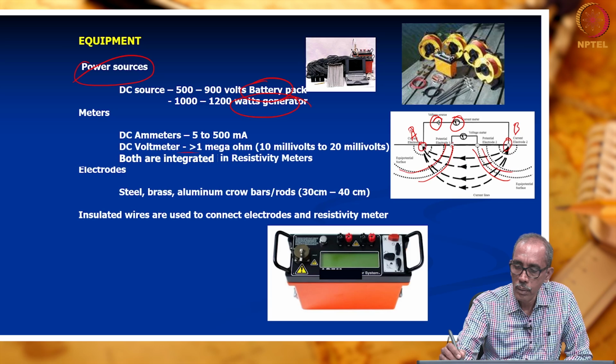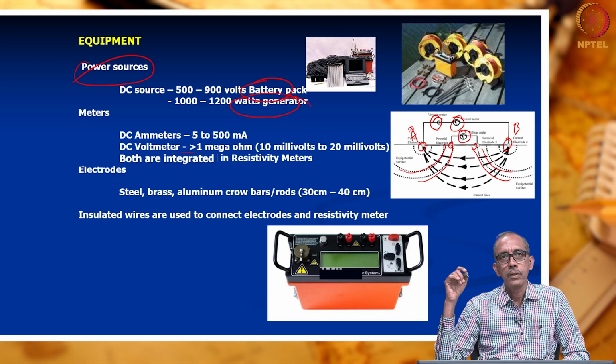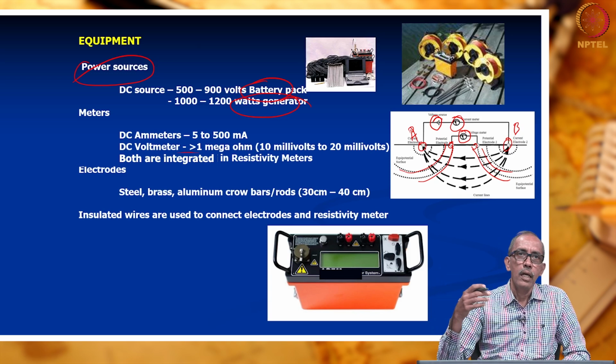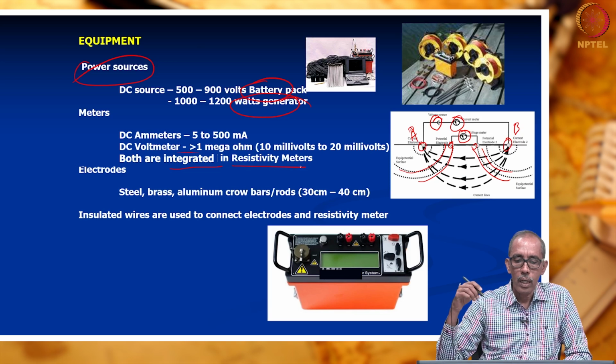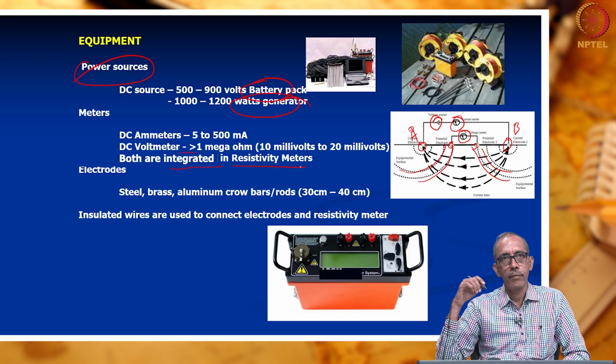That we are measuring between these two points using an ammeter and voltmeter. Are we really using them today? That was the case nearly 30 years ago, but today both of them are integrated, and today we have modern resistivity meters.